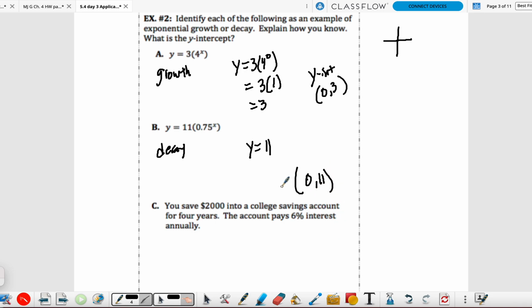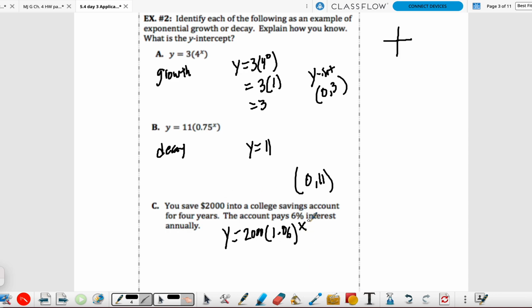In part C, we're not given an equation straight up, we're given a situation. You saved $2,000 into a college savings account for 4 years. The account pays 6% interest annually. Is that growth or decay? Well, it's a college savings account, so it's growing. So your equation would look something like y equals our initial value times 1 plus 6%, which is 1.06, to the power of x.